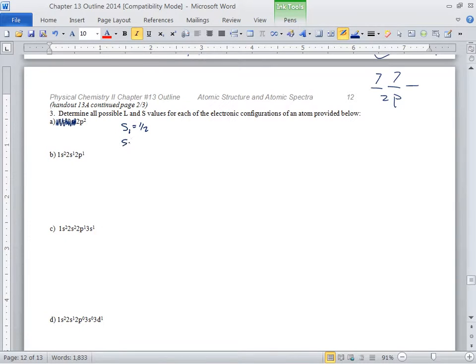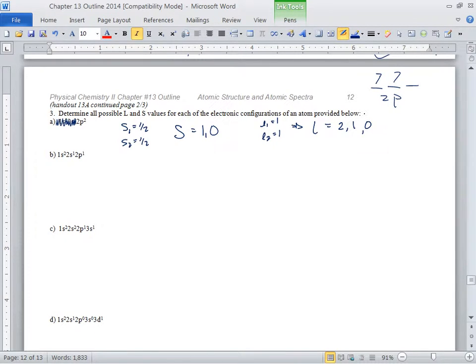Little s2 is a half. So that means big S would be 1, 0. Little l1 is 1. Little l2 is 1. So that means big L is going to be 2, and 0, and 1 in between.